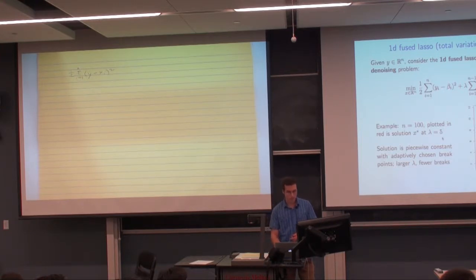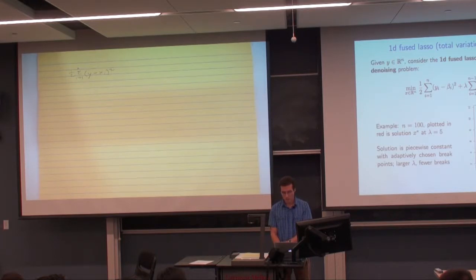So here I took this example. I chose lambda equals 5, and the solution here is really a discrete vector, just like y is. I really only get one x_i value for every location along this grid, but I drew a line through them to emphasize their structure.